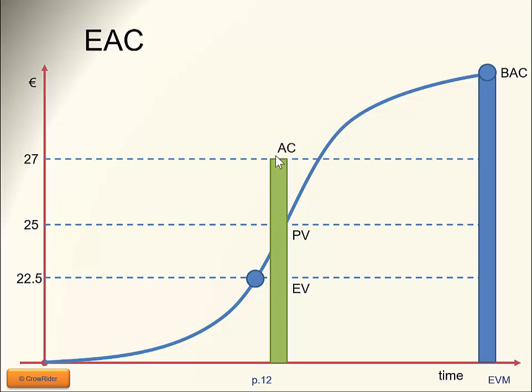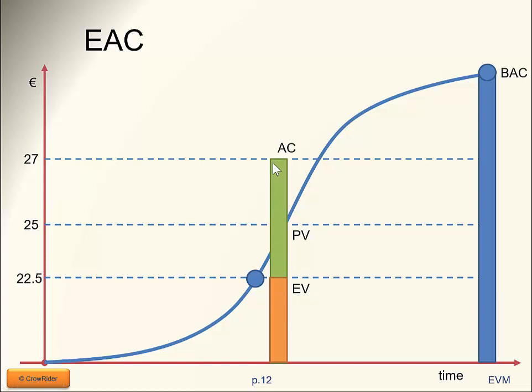The earned value instead represents the total amount of money that I had planned to spend for the amount of work that I've really done. Three very different concepts. So the question is, what is the situation with this deviation? I had planned to spend the earned value for the amount of work I've really done, but in reality, I've spent the actual cost for the amount of work I've really done.